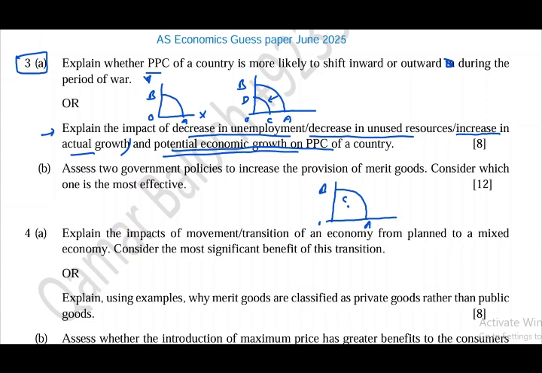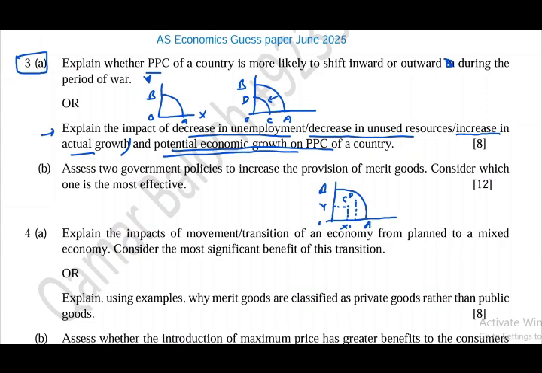So it means production is taking place equal to x1 and y1 at point C when the country is facing unemployment. So if unemployment or unused resources decrease, or there is an increase in actual economic growth, then the economy will move from point C to D towards the right.